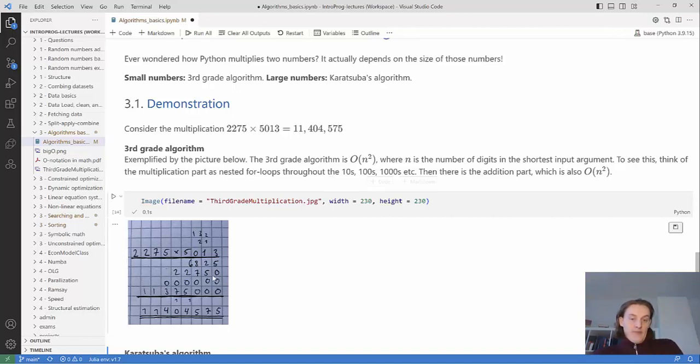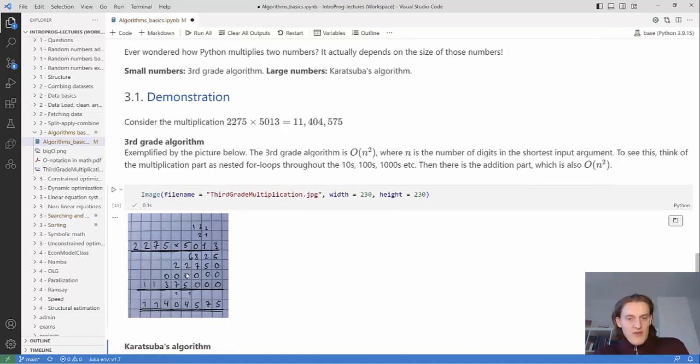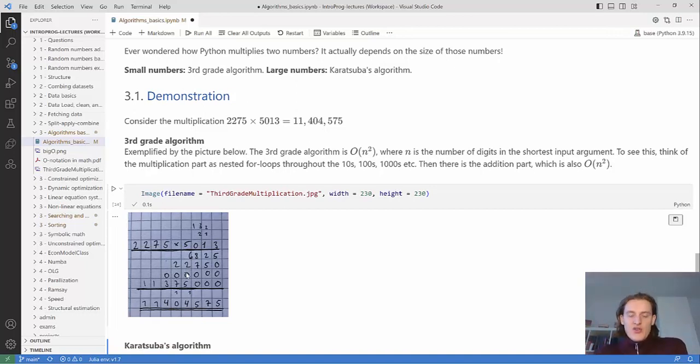And this is the way I talked about it. It was not really an algorithm, but you could write that up in pseudocode, and then that algorithm would be O of n to the power of 2, where n is the number of digits in the shortest input argument. And you can see this as a nested for loop.